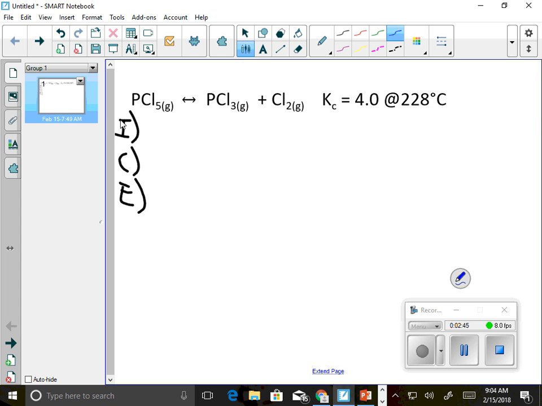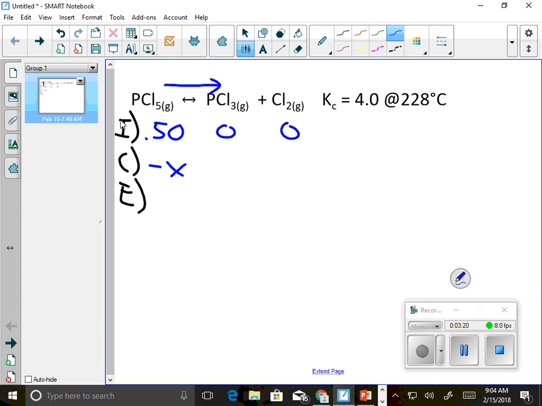And in the problem, given 0.50 molar of the PCl5, which means I start off with 0 of the other two things, because if they're not mentioned at all, that's what I'm starting with. You don't have to do a K versus Q like you had to do on one of the practice problems you did just a little while ago, because if you only have reactants, you know the reaction is going to the right. In other words, the change, the C in my ICE table, is a minus x for the PCl5.